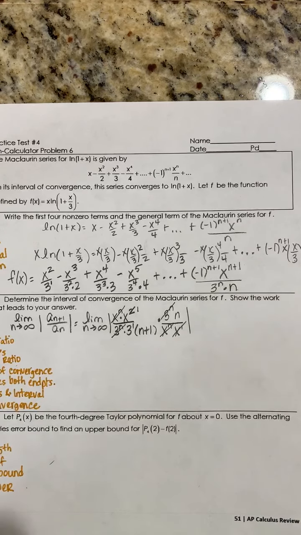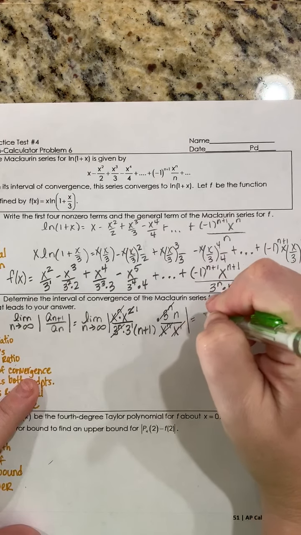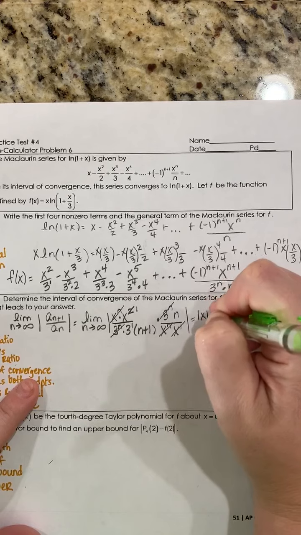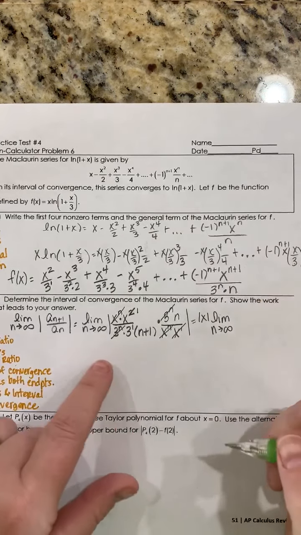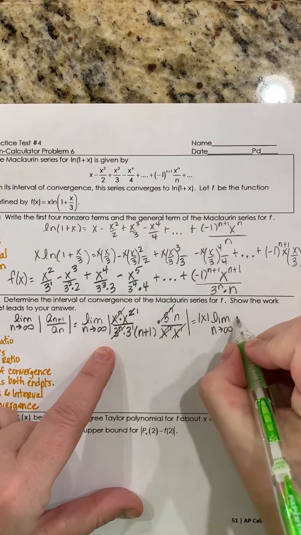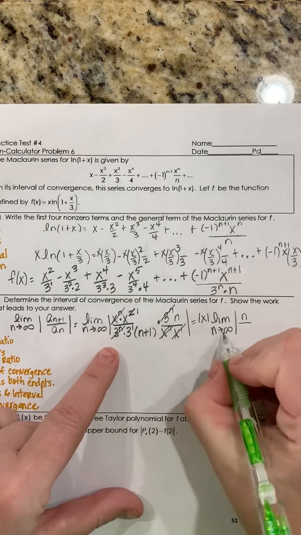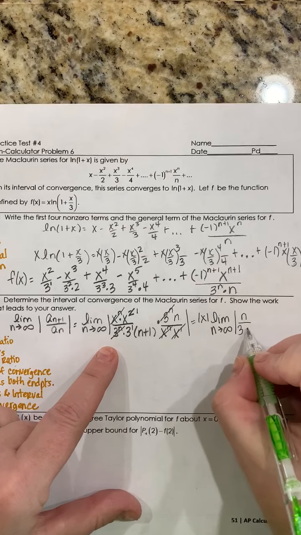Remember the x term, I pull it out front, so this is the absolute value of x times the limit as n approaches infinity of n on the top over 3 times n plus 1.